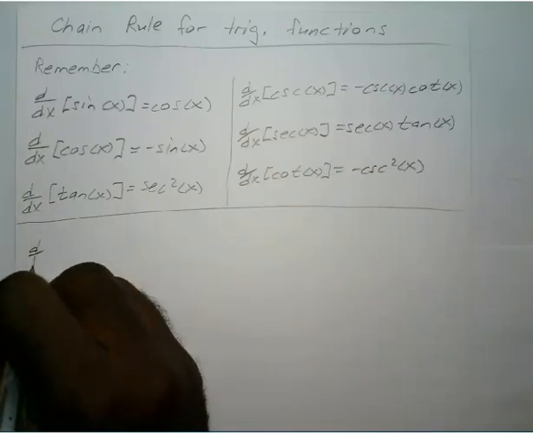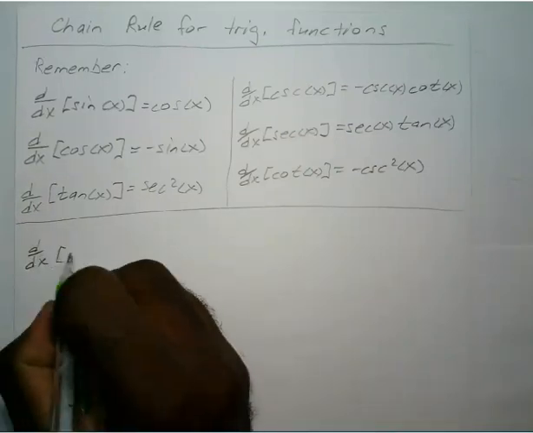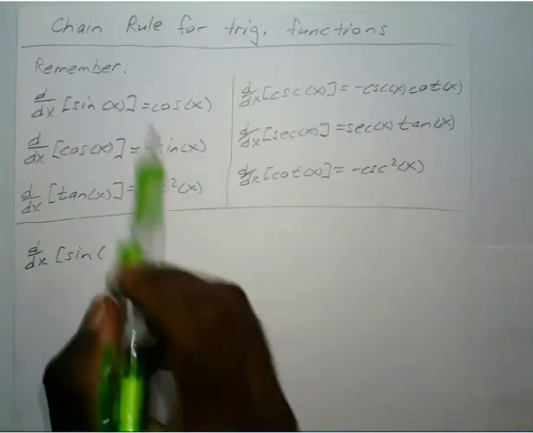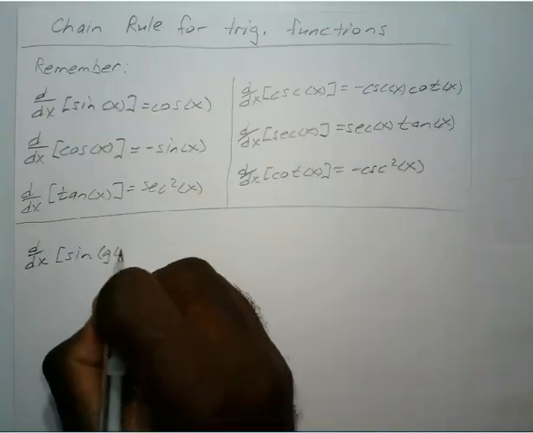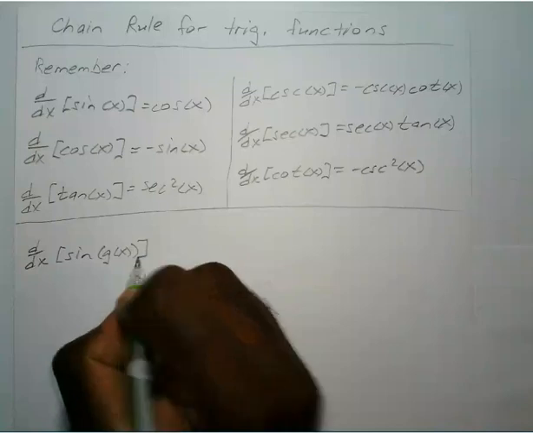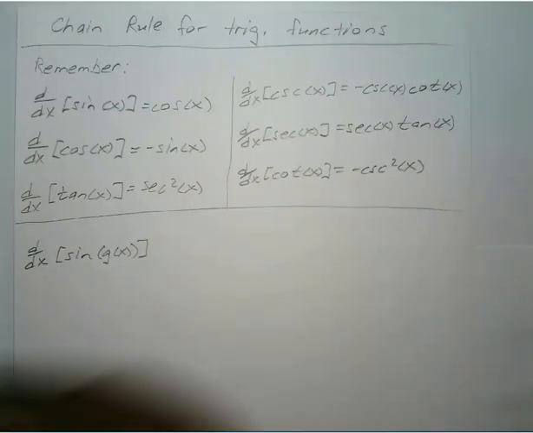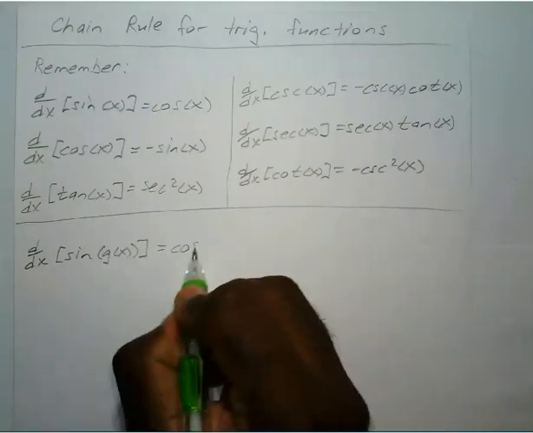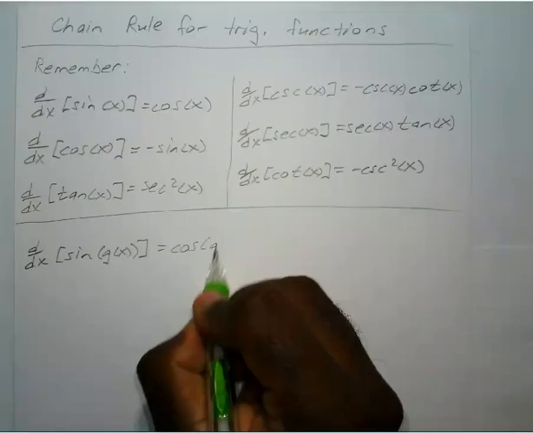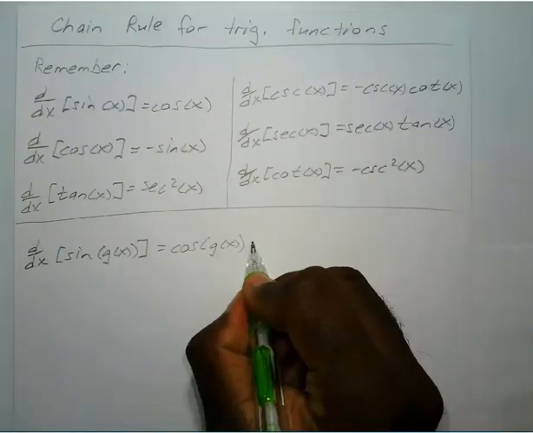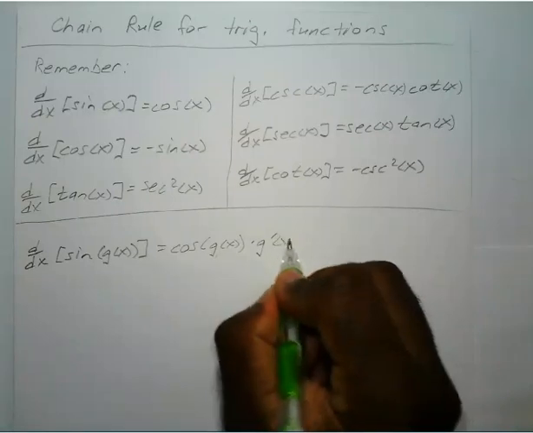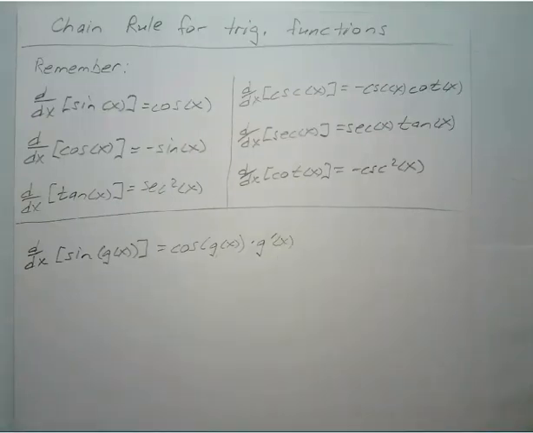If it was more than just x, let's say you had a whole function of x in there, then the derivative of sine would equal cosine of that function of x times the derivative of that function of x.